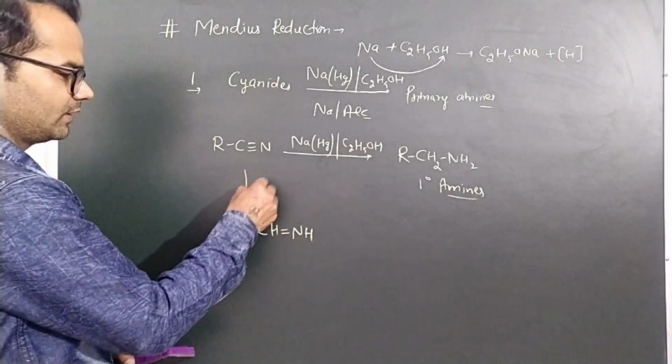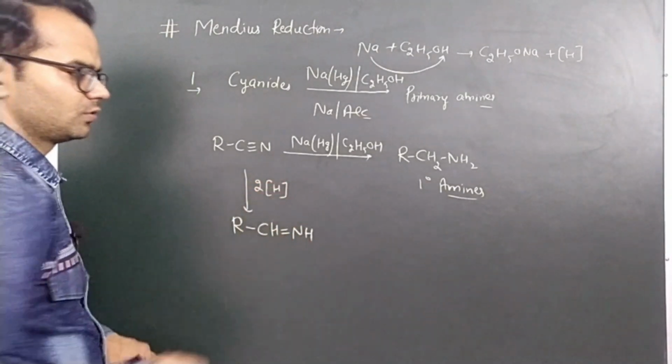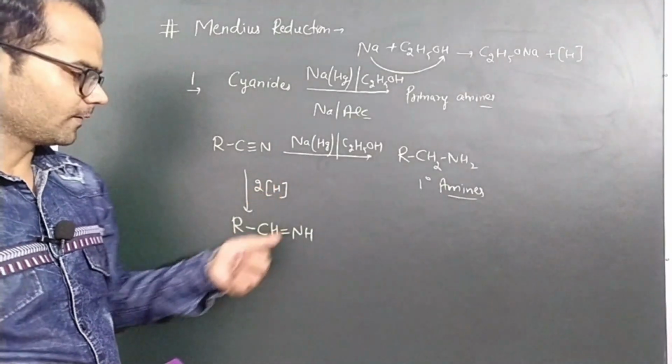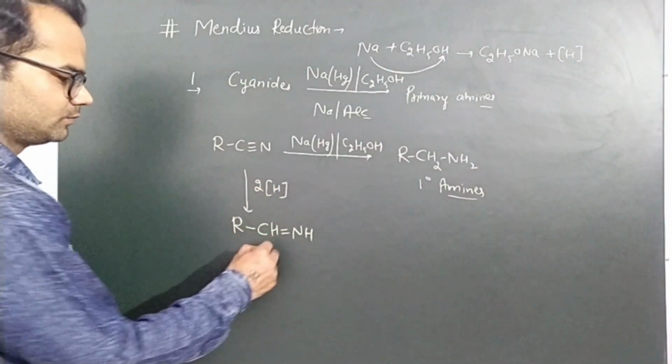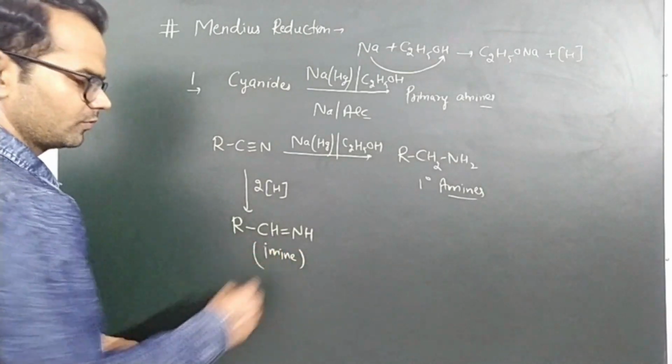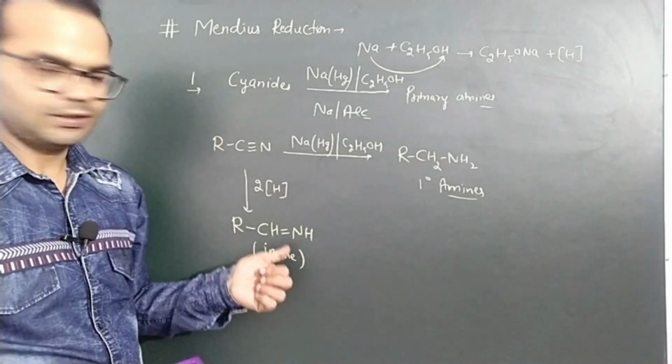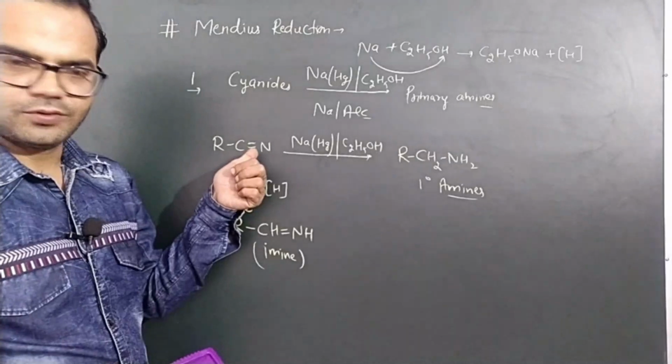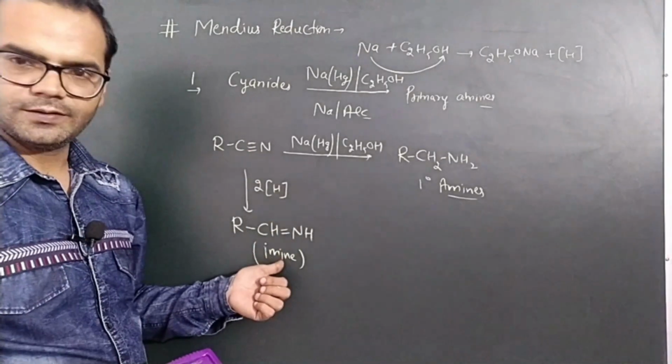So in the first step 2 nascent hydrogens are used. Now this product is imine. By breaking down 1 pi bond we formed the imine product.